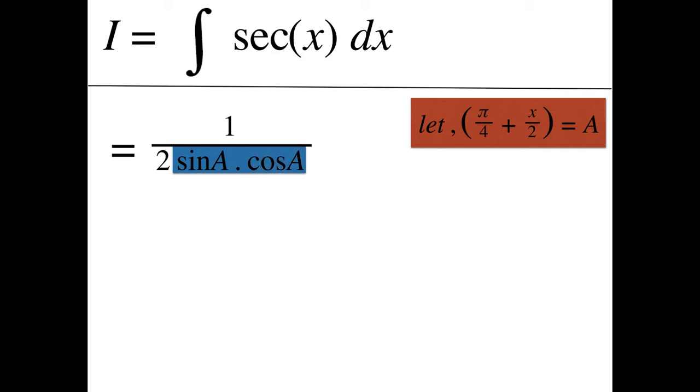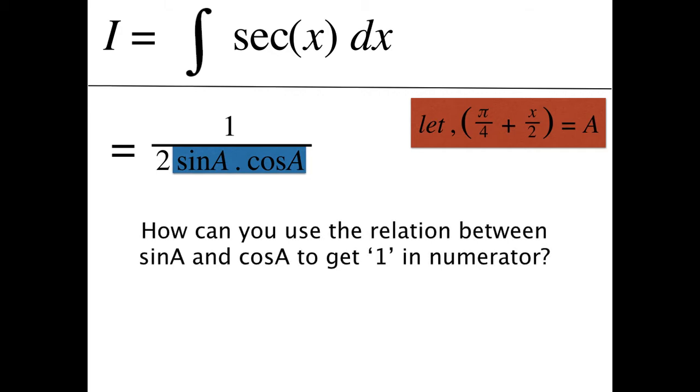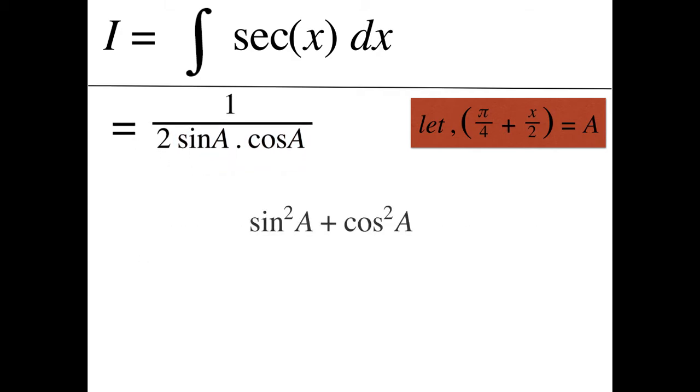Now how can you use the relation between sine a and cos a to get 1 in the numerator? It's pretty simple. If you have good intuition, then you will automatically come up with this: sine square a plus cos square a is equal to 1. So if we have sine square a plus cos square a in the numerator, then we will get 1, right?